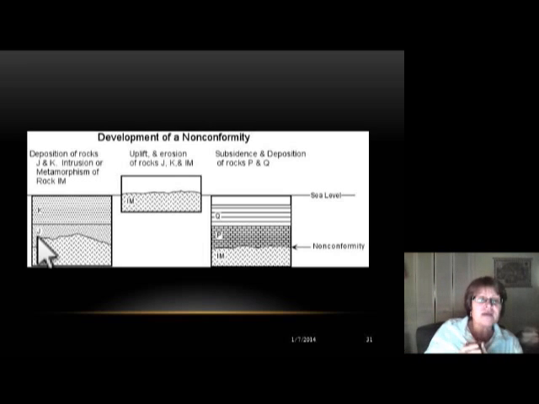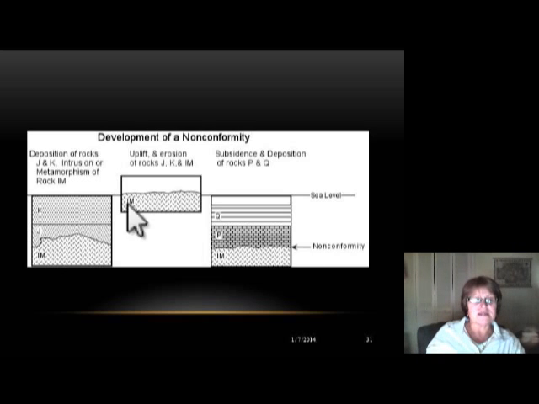We have no clue how much time might be missing there. So anytime you see an unconformity in between igneous or metamorphic rocks and sedimentary, it's going to be nonconformity.